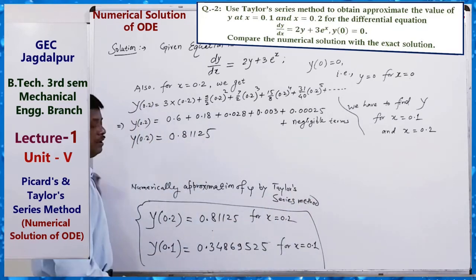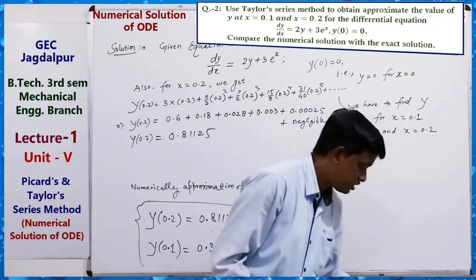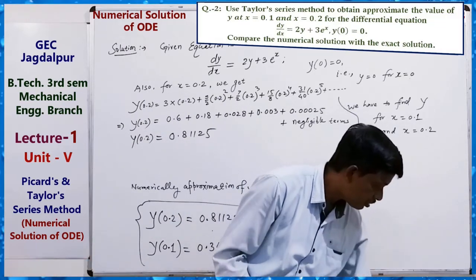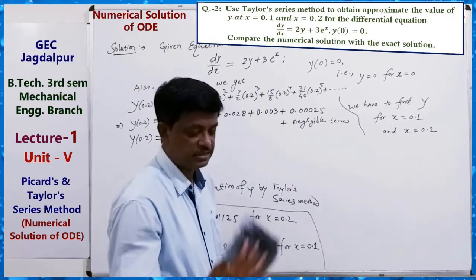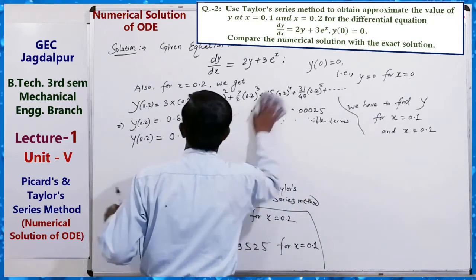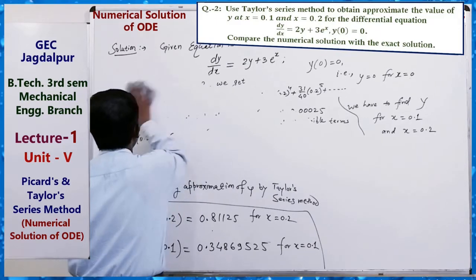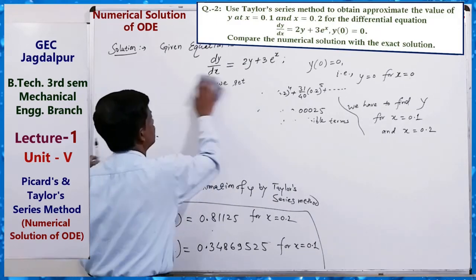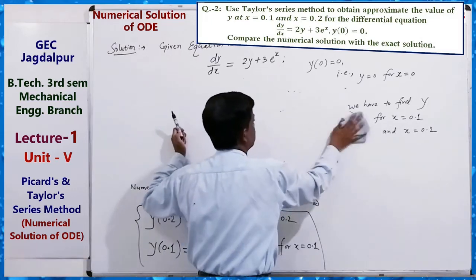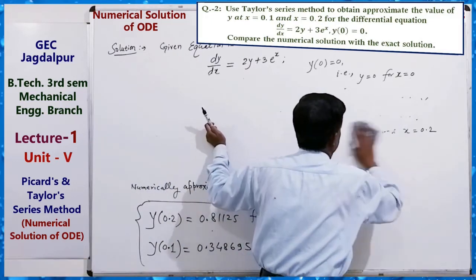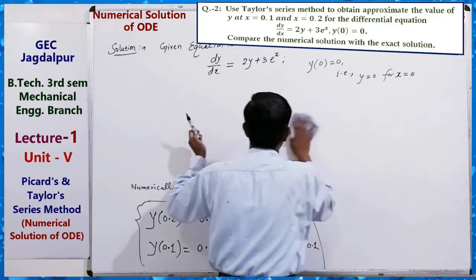Okay. Now also in these questions, we have to compare the numerical solution with the exact solution. Exact solution means analytical solution. So now we have to find the analytical solution of this. This is the numerical solution.